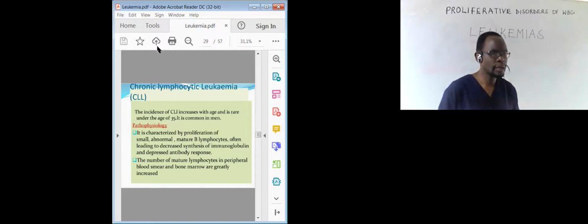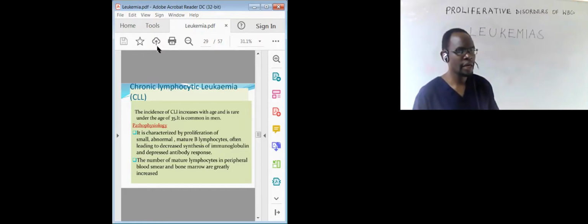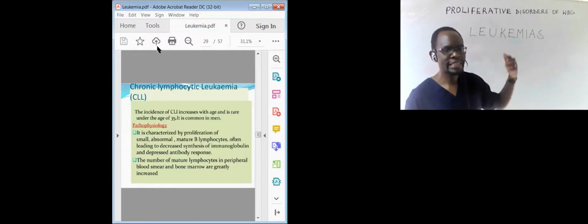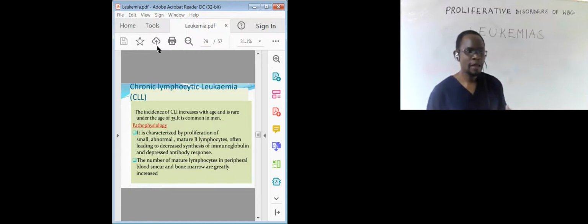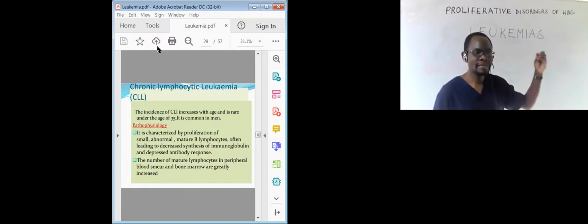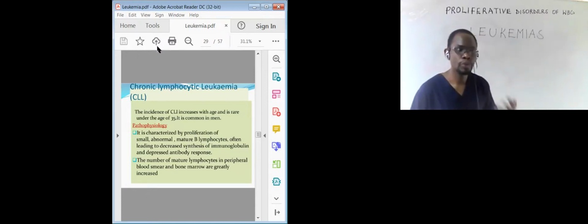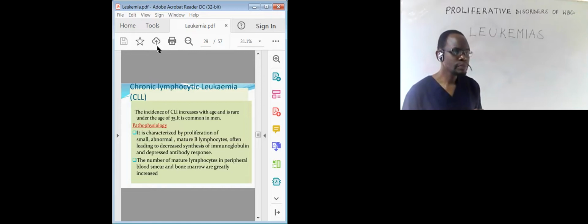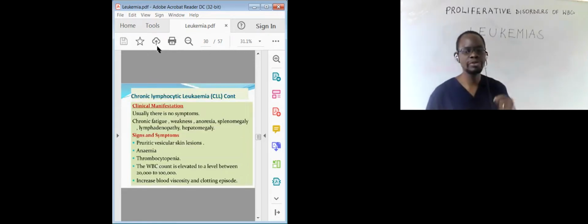The number of mature lymphocytes in peripheral blood smear and bone marrow are greatly increased, and still that is not good, ladies and gentlemen. Though they are mature, since it is a neoplasia, it is not a good thing. Clinical manifestations: usually there are no symptoms since it is chronic.